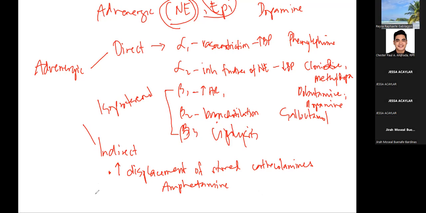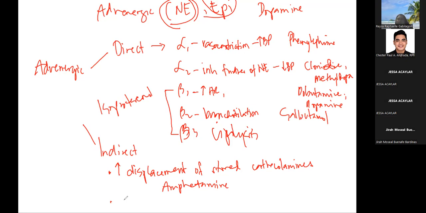Amphetamine-like substances include modafinil, used for narcolepsy; sibutramine, an FDA-approved drug for obesity because it is an appetite suppressant; and methylphenidate, which, just like amphetamine, we use for ADHD. So those are examples of our indirect acting drugs.